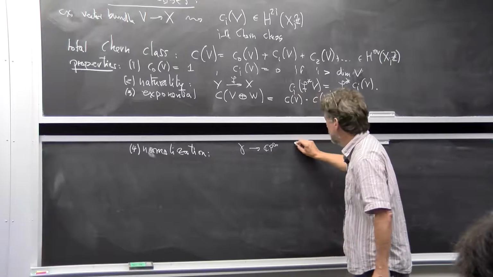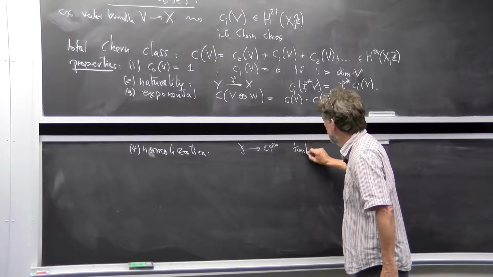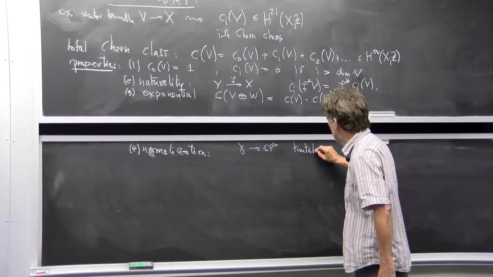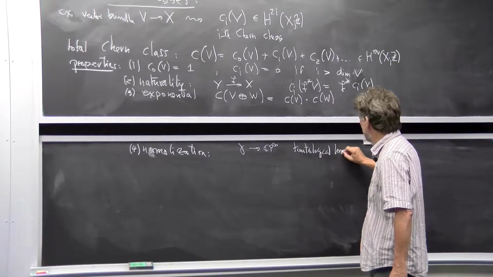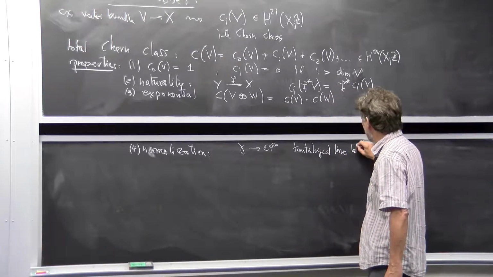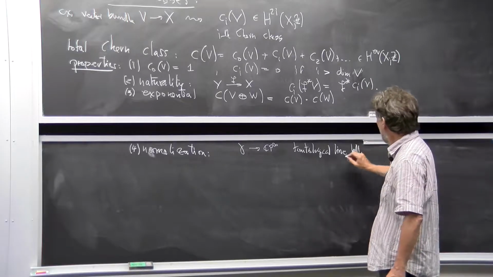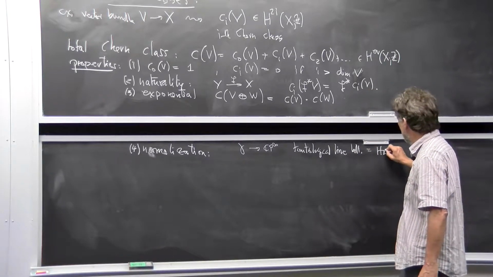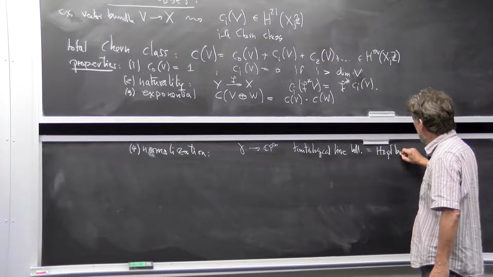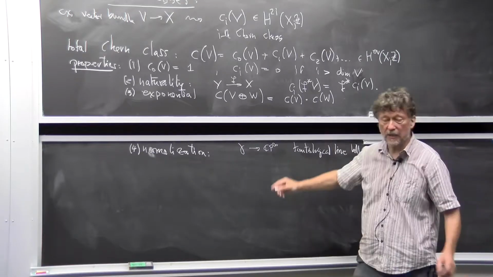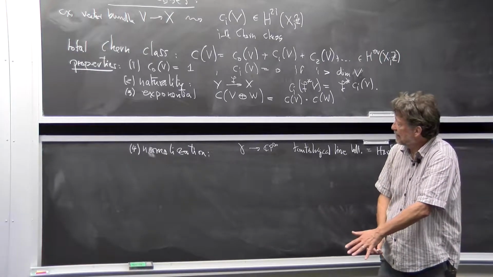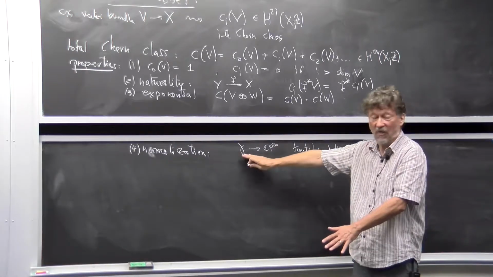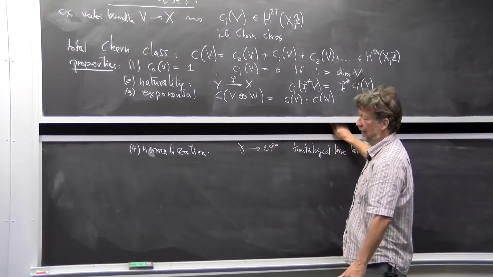So this is the tautological line bundle, also called the Hopf line bundle, which over each point of CP infinity, which is a one-dimensional subspace of C infinity, attaches just that thing as a fiber.